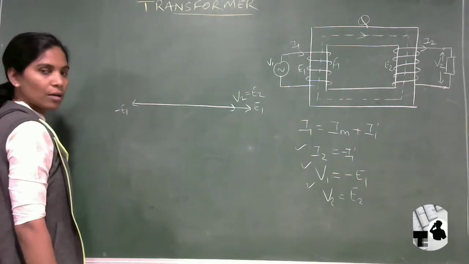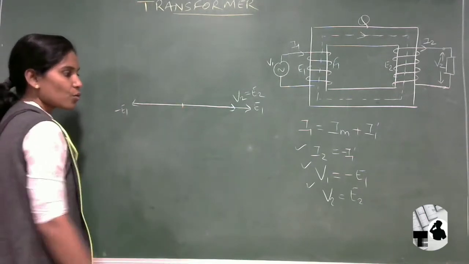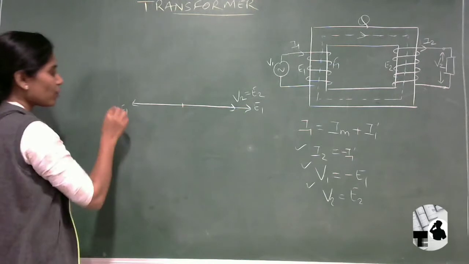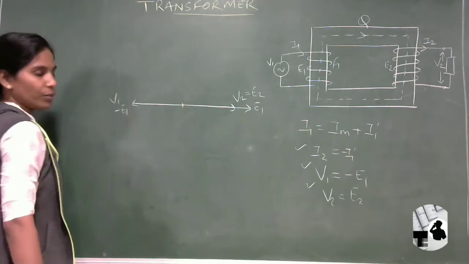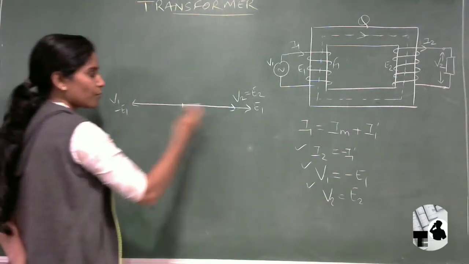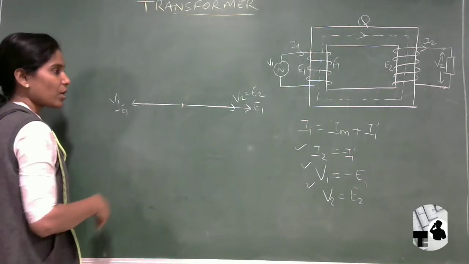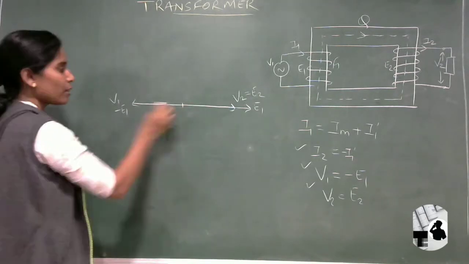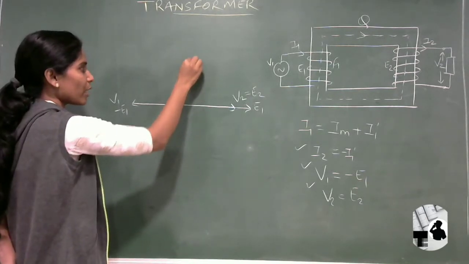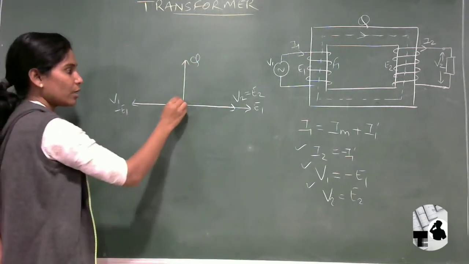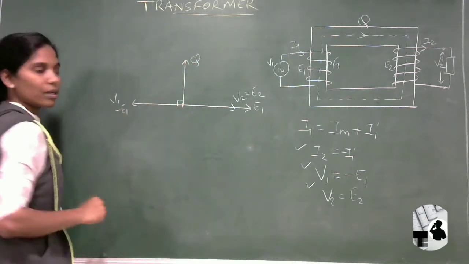We know that minus E1 is nothing but the phasor for V1. So these are the phasors representing V1, V2 and E1. So what will be the phi phasor? That is this. It is lagging the voltage by 90 degrees.